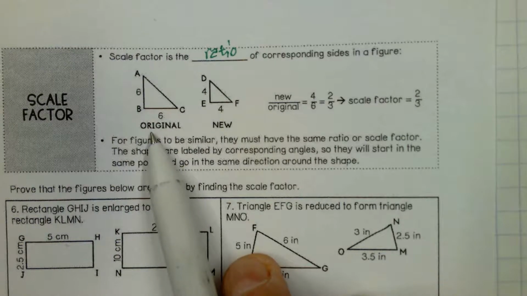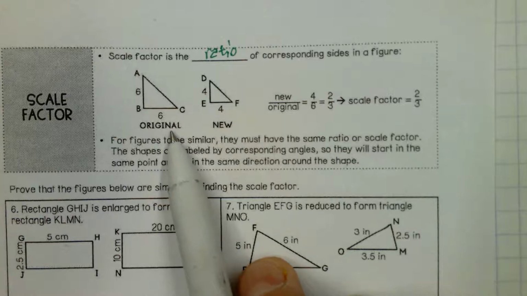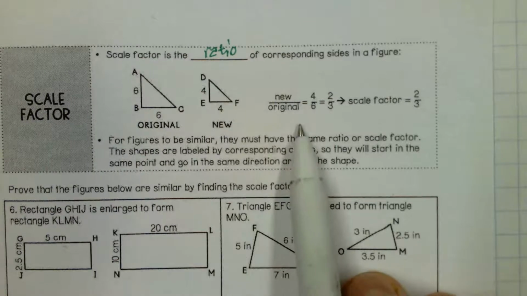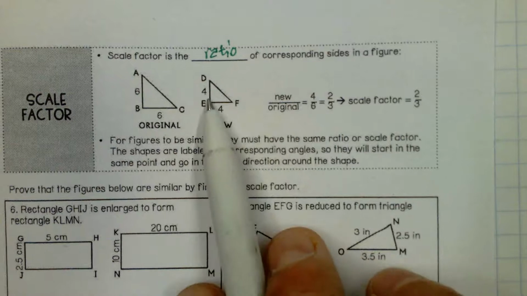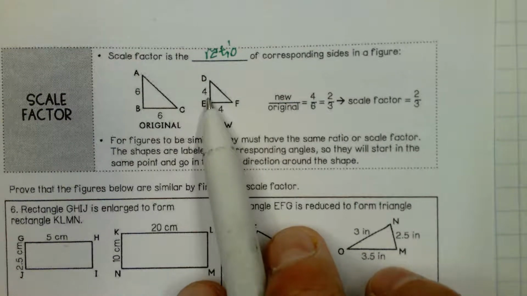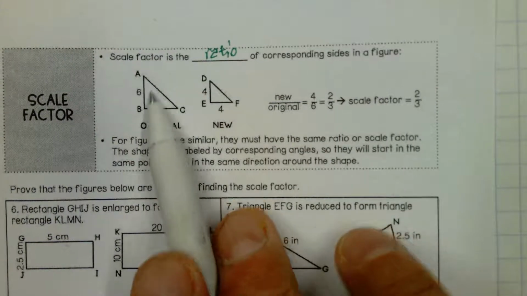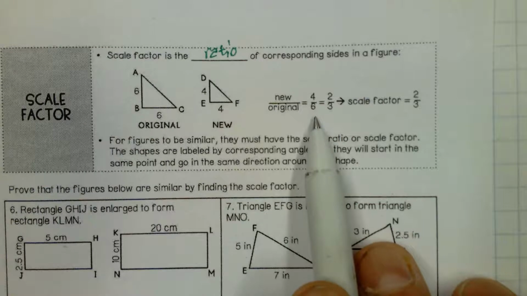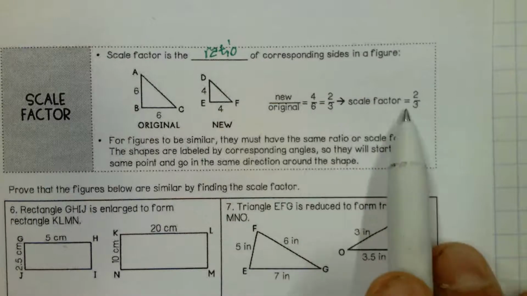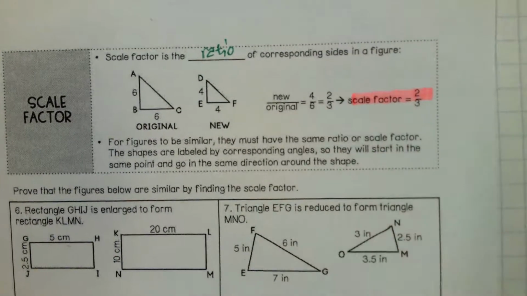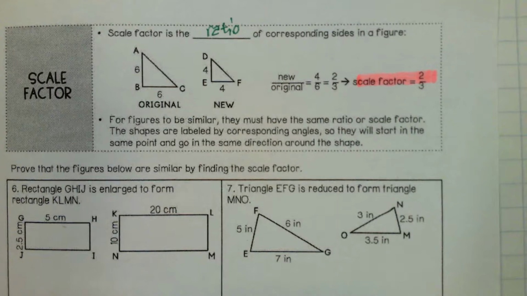If the original one is the larger one and the newer one is the smaller one, we're going to make a ratio of corresponding sides. So we take, for example, 4 from DE and 6 from AB, and we make that ratio. And then if we have to, we reduce it. And you see how we got 2/3? This is our scale factor.